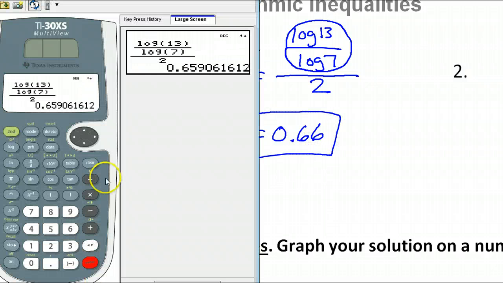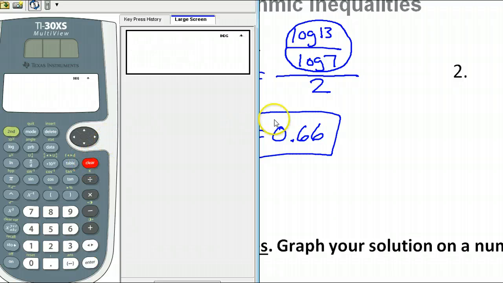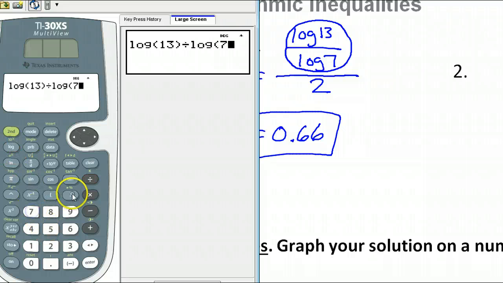Okay, please understand, here's another way you could have done it. If you don't like typing the whole expression in, or you make mistakes doing it that way, you could do it one step at a time. So I could do log 13 divided by log 7 and just hit enter. So far I've done the numerator part.